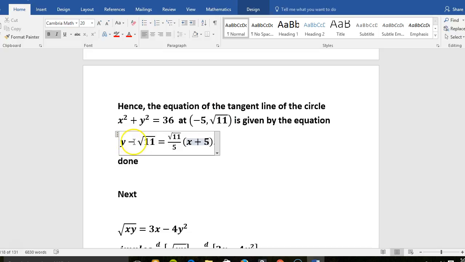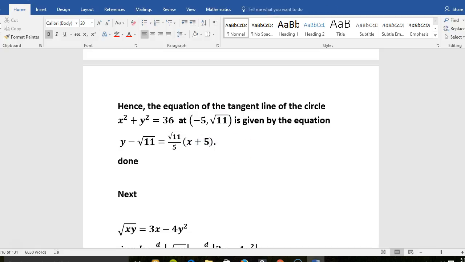The minus sign survives. There's nothing for it to bump into other than radical 11. But this minus sign, x minus, that negative bumped into another negative, namely negative 5, and we got the plus 5.